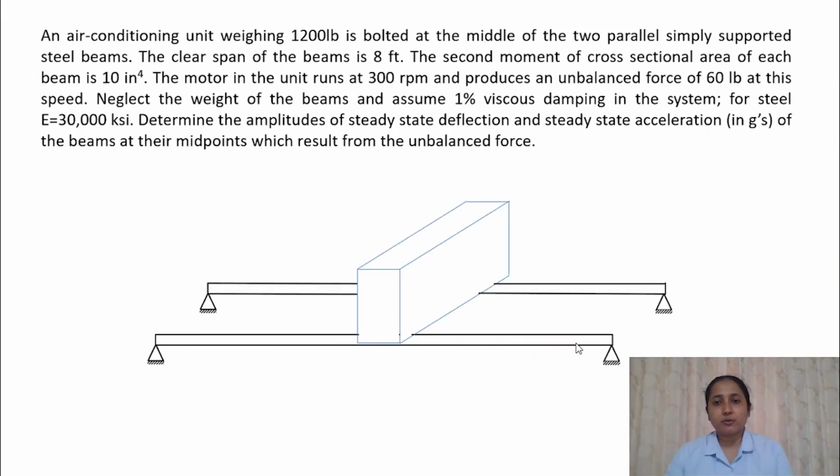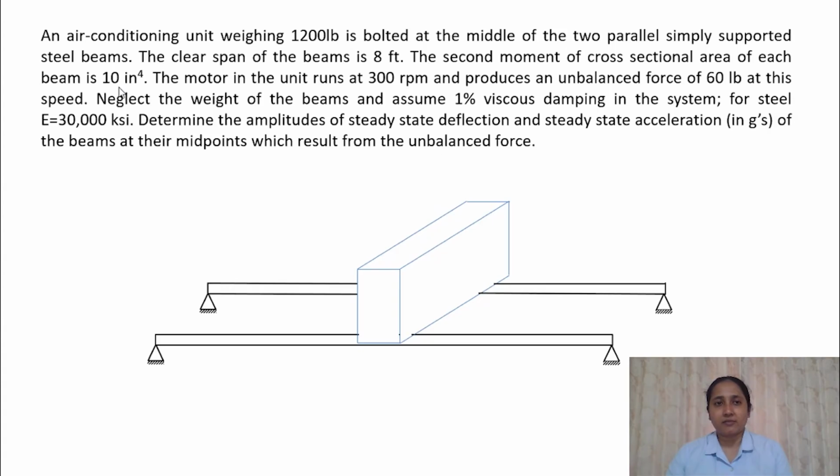In the next problem, we have two simply supported beams and an air conditioning unit is kept on it. An air conditioning unit weighing 1200 pounds is bolted at the middle of two parallel simply supported steel beams. The clear span of the beams is 8 feet. The second moment of cross-sectional area of each beam is 10 inch to the power 4.